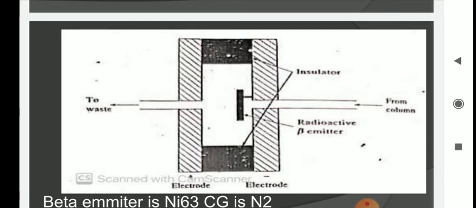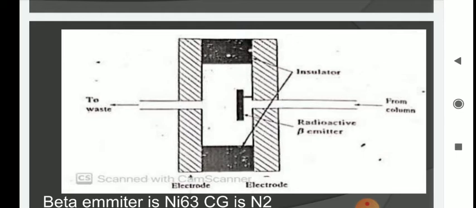The positive ions from the carrier gas will be there, but the electrons will be absorbed by the electronegative element from the sample component. As a result, the current will start to decrease, because at the positive electrode you will not have any electrons reaching, so the current will fall.